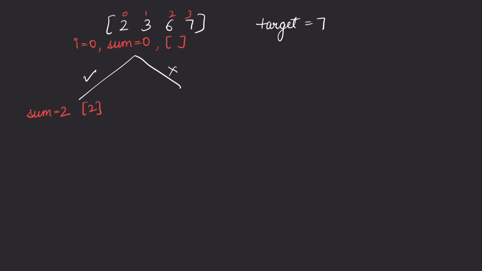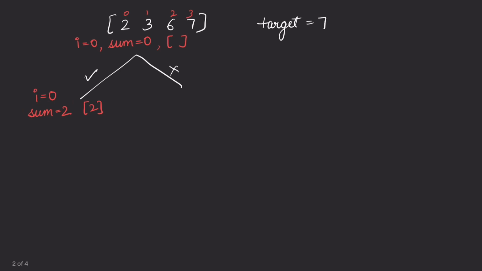So I'll keep the index as is, as 0, so that I can consider 2 again. If the question had mentioned that we can take 2 only once, then at that point we would increase it to 1. But here we are keeping it as 0. Now when we are not picking it, in that case we will increase our index, the sum will remain as is, and the array will also remain as is. Here this is our sum, this is our array and this is the index.